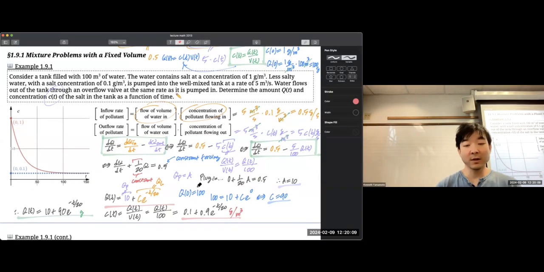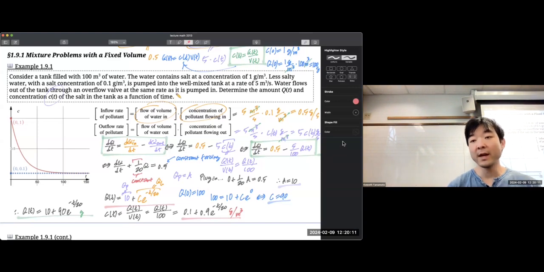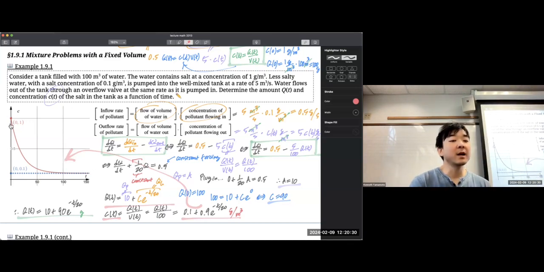So if you took this red expression, which is the concentration, and you ended up plotting it, you will get this red graph. This is plotting the concentration of the salt in the tank as a function of time.